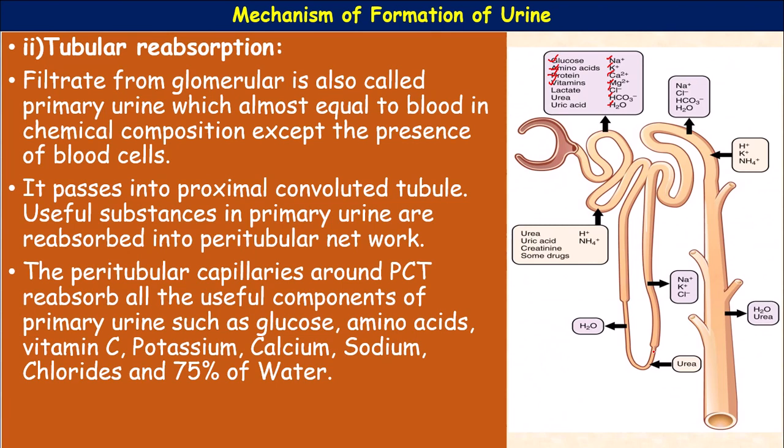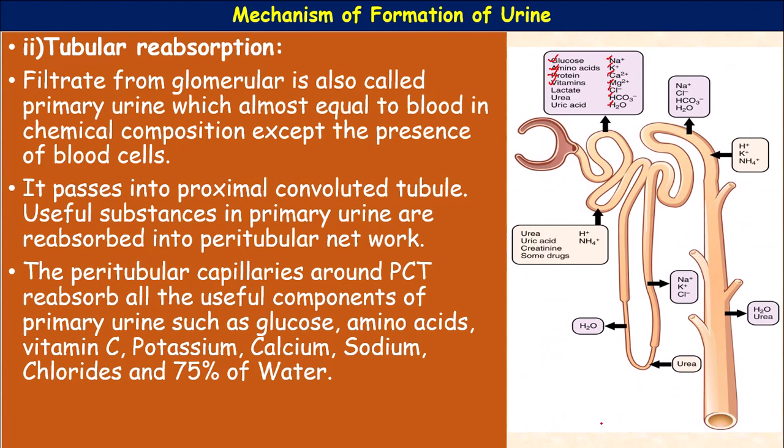The loop of Henle has two limbs: the descending loop and the ascending loop. In the ascending loop of Henle, sodium and potassium are reabsorbed actively, and some chloride ions are also reabsorbed actively.